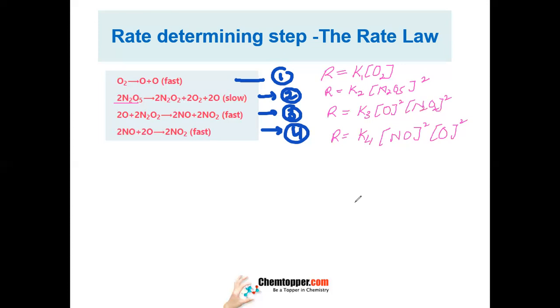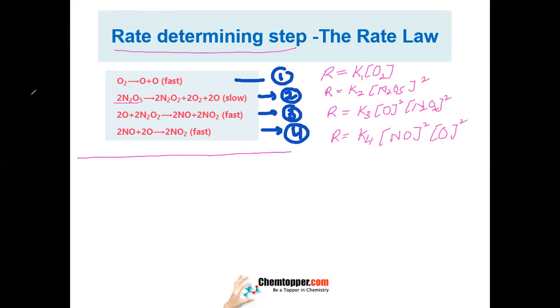Elementary steps rate law. Which step is the rate determining step? Identify the rate determining step. Which step? 1, 2, 3, 4. Step 2 is the rate determining step. Okay, write the overall reaction. Overall reaction means you're going to add all these steps.